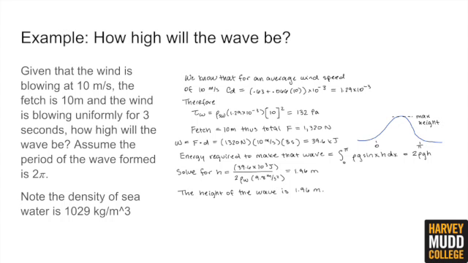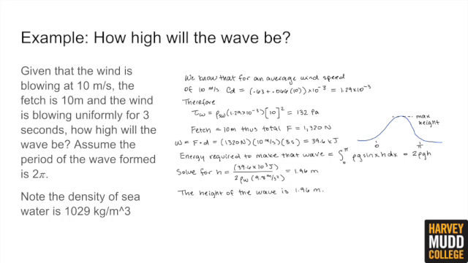Then, knowing the fetch, we can find the total amount of force put onto the water, and that comes out to around 1,300 newtons. And then we can determine work. So work is just force times distance. And it's important to note that all of these are like shear stresses and shear forces because the wind is blowing horizontally onto the water.